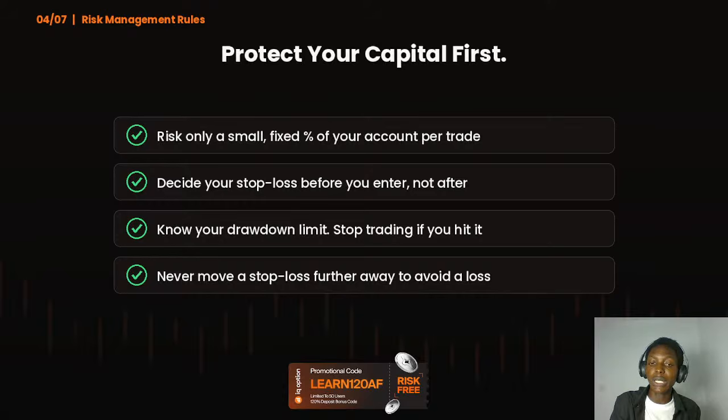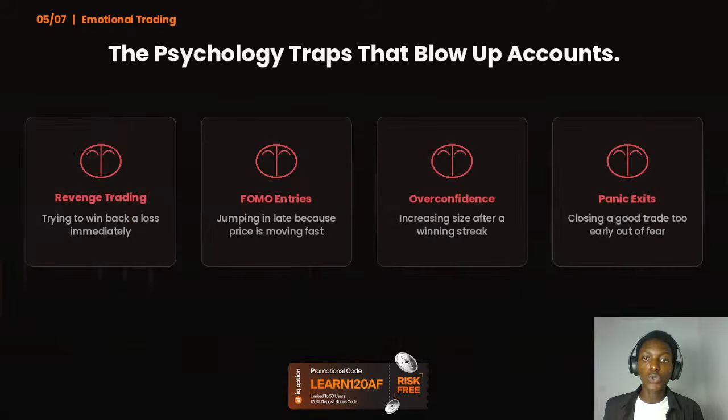Because if you don't, you will blow up your account, which will force you to stop trading, whether you like it or not. So this is why you have to have the discipline to stop when you hit your target or your drawdown.